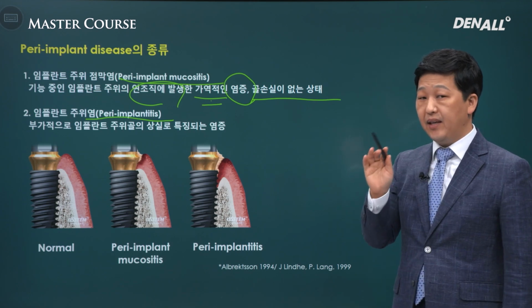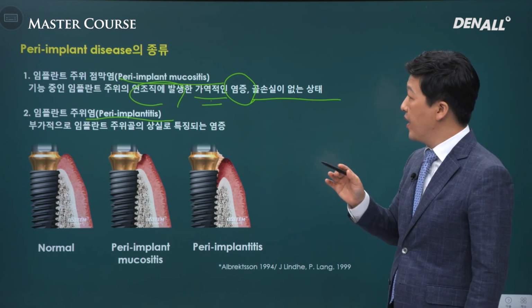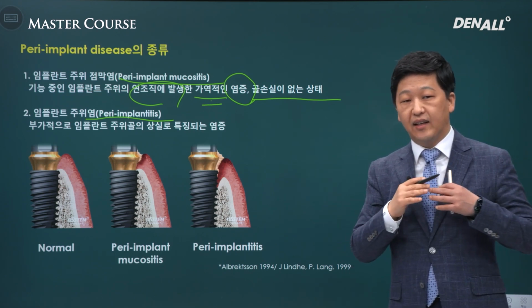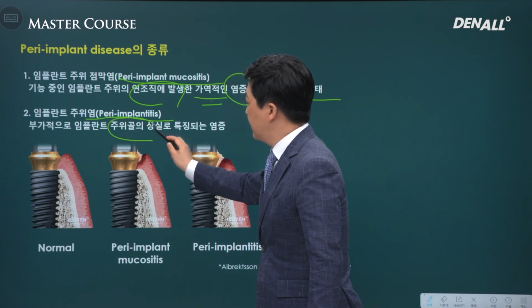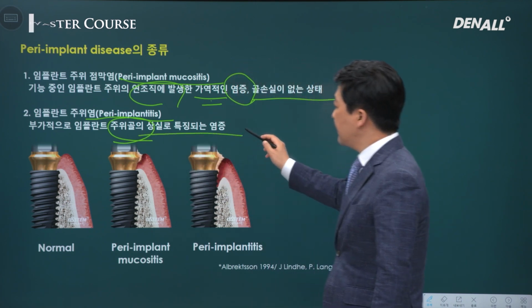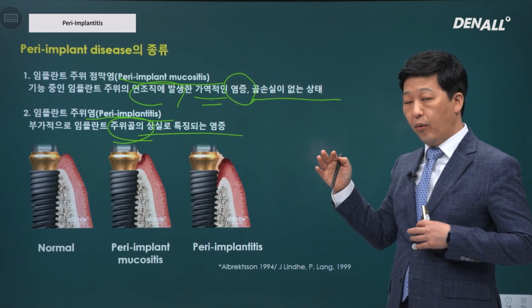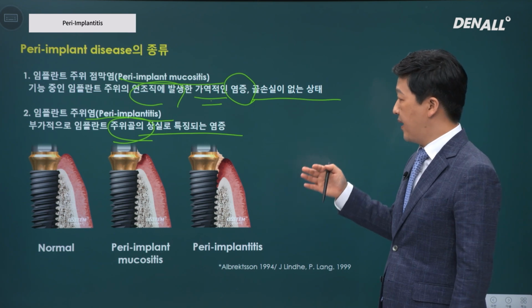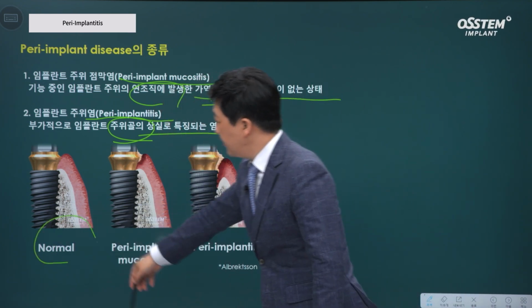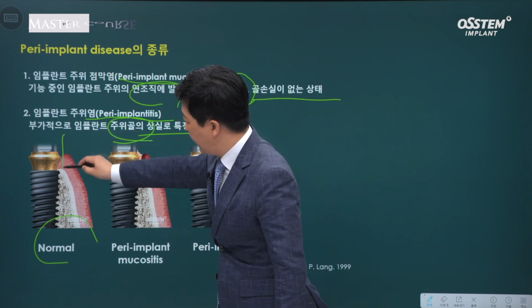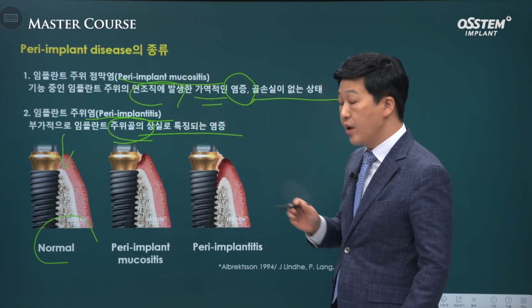Second, what is peri-implantitis? The disease has progressed beyond the peri-implant mucositis and now there is surrounding bone loss. This situation is referred to as peri-implantitis. Around a healthy implant, there is healthy attachment and there's no bleeding.